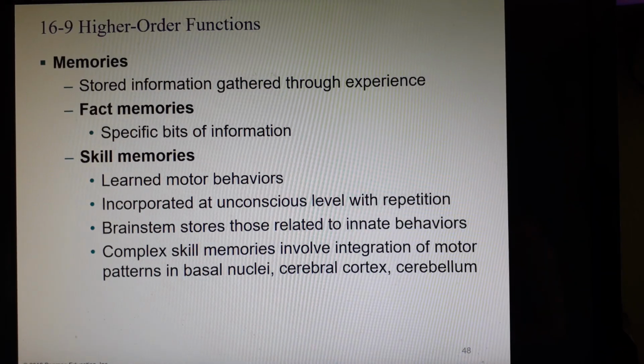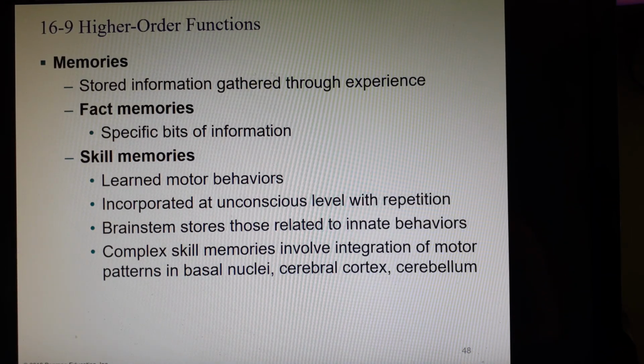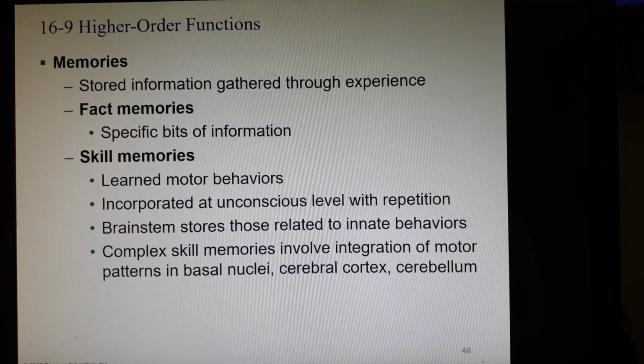So things like memory. Memory is technically defined as stored information that's gathered through experience. Now there are two categories of memory. There is fact memory and there is skill memory. This class is going to be mostly fact memory, which sucks because fact memories are the hardest to recall.